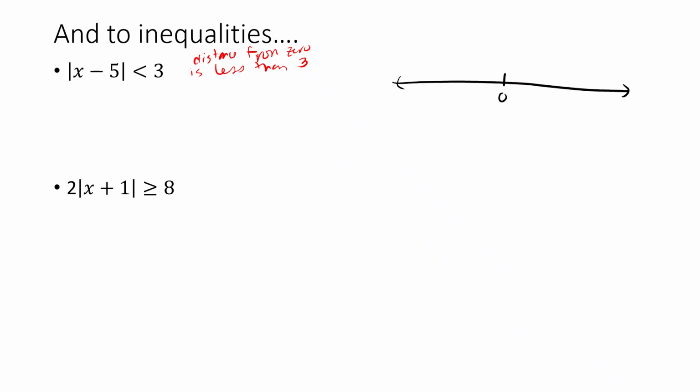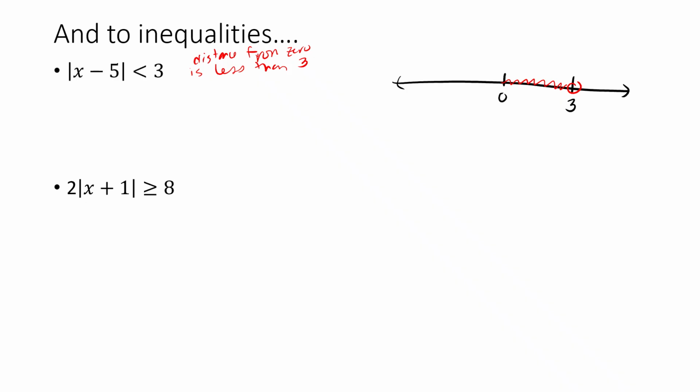So I can move to the right, but I have to stop before I get to the 3. For a lot of students, if you've taught inequalities, we recognize that that is an open circle. So it could be like 2.999999, but it can't actually get to the 3.